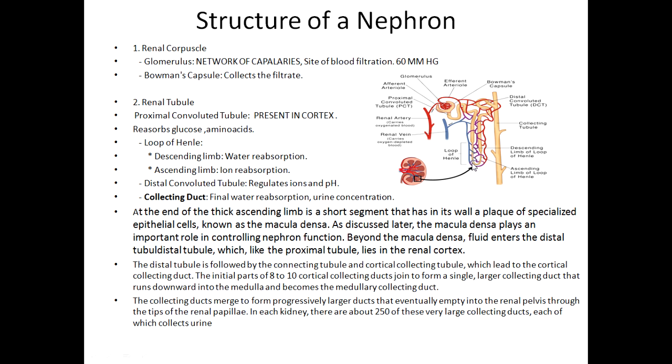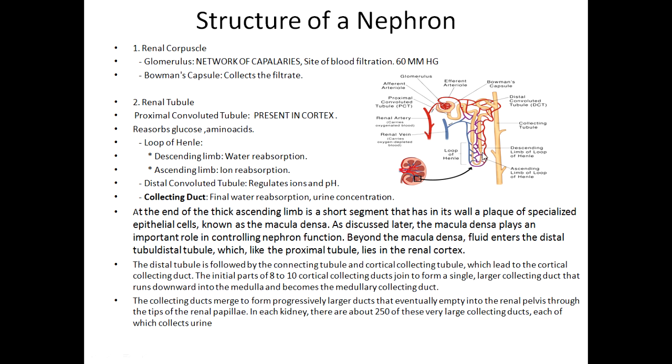The descending loop's function is water reabsorption, and in the ascending loop, ions like sodium and potassium are reabsorbed. So: Bowman's capsule, proximal convoluted tubule, loop of Henle, which is divided into descending loop and ascending loop. Descending loop, water reabsorption. Ascending loop, ion reabsorption occurs here.